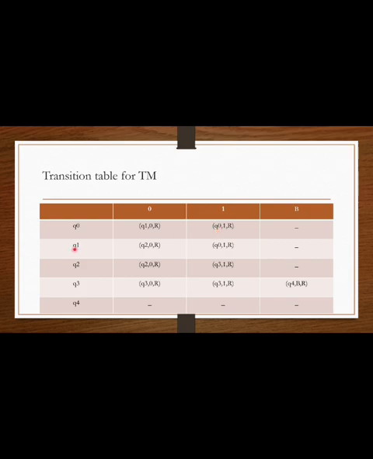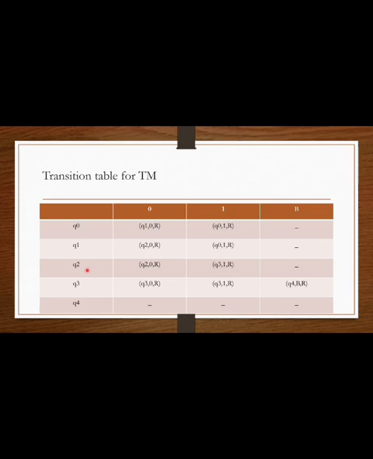Now the transition from Q1: it sees another 0. Seeing another 0 means we have 00. So the TM moves to Q2 and looks for the final 1. And for the input symbol 1, seeing 1 breaks the 0 pattern, so the TM goes back to Q0 to restart scanning.